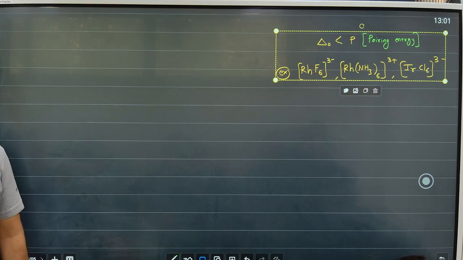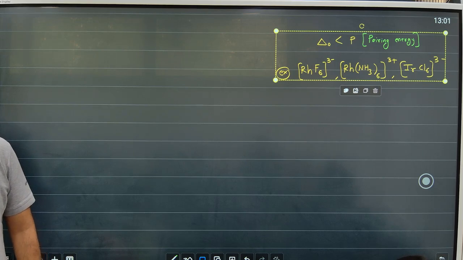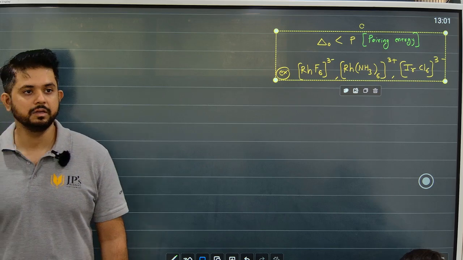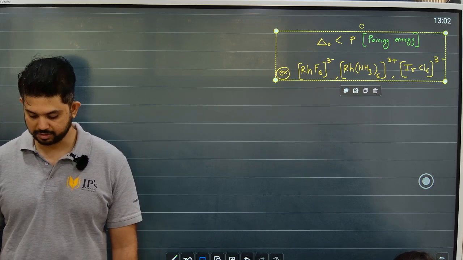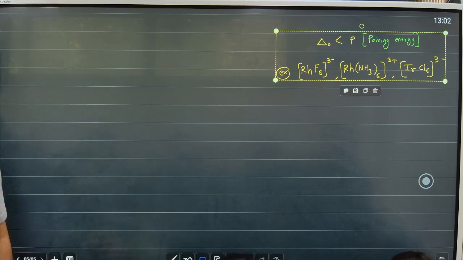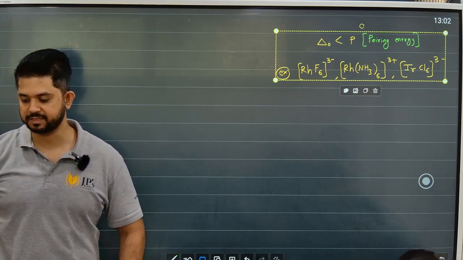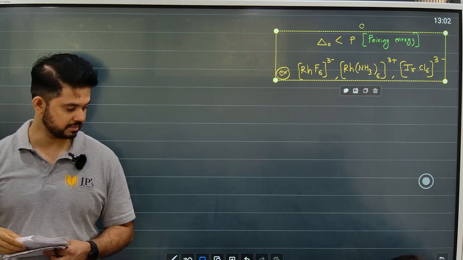Next point. Ligands approach the central metal atom along the axis. Sorry.